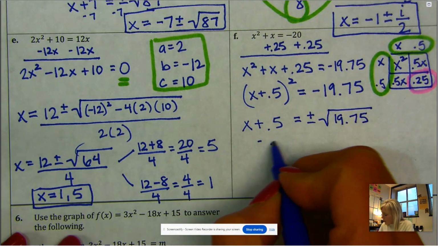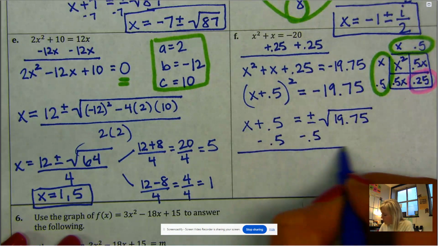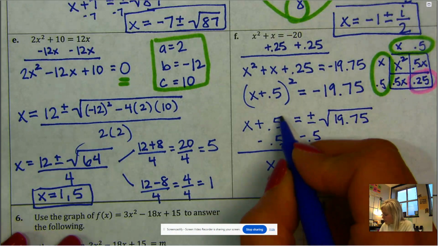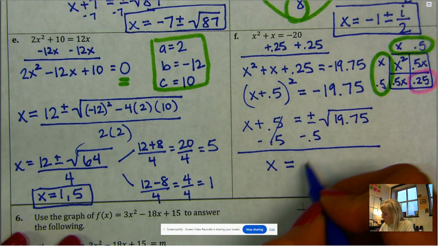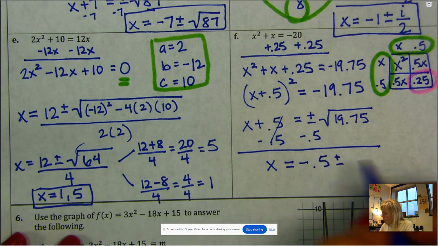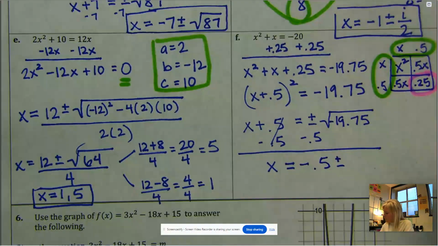And now when we subtract the 0.5 from both sides, we get x equals the negative, because that's 0, right? So negative 0.5, plus or minus, I forgot to put the negative on that, right?